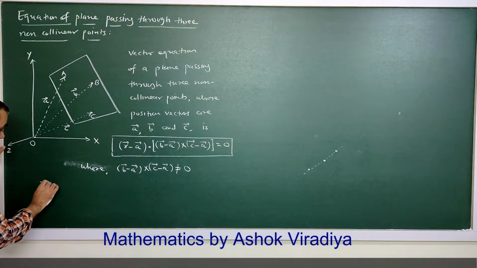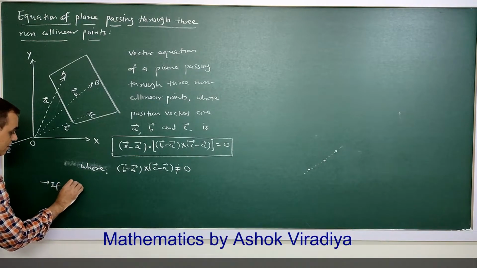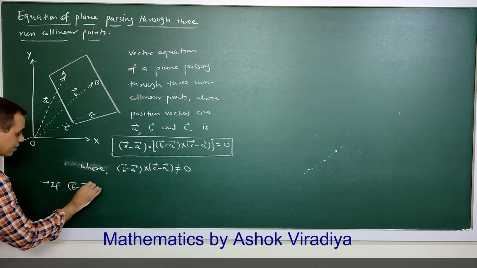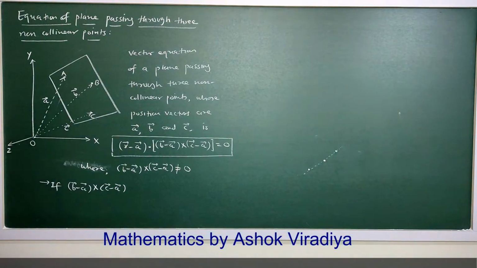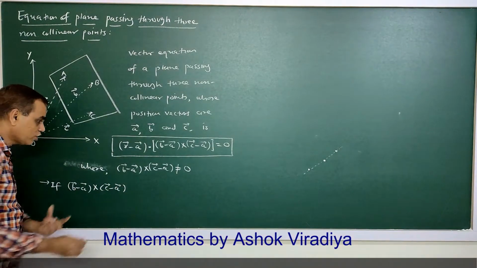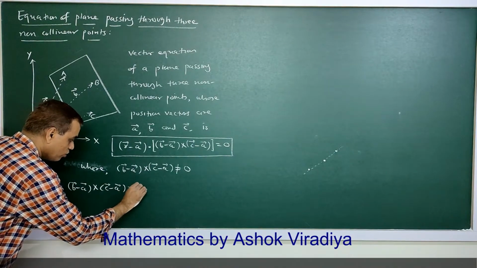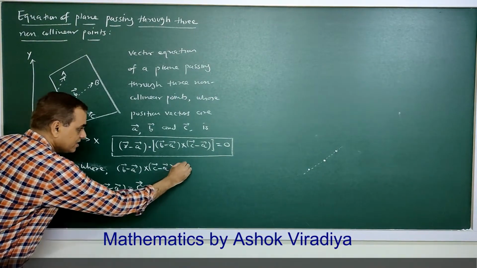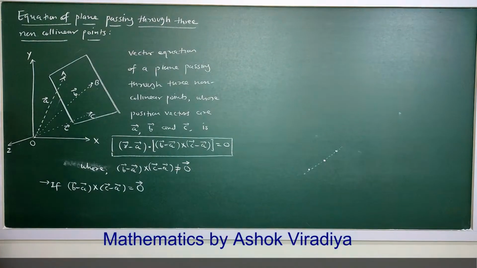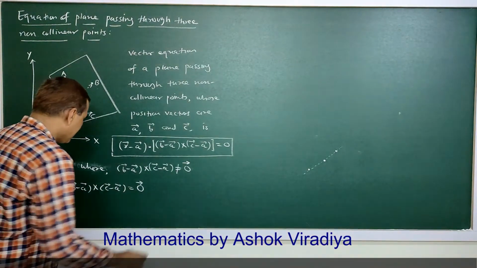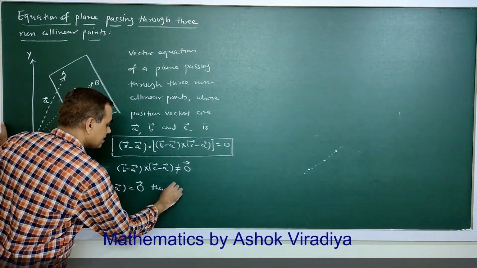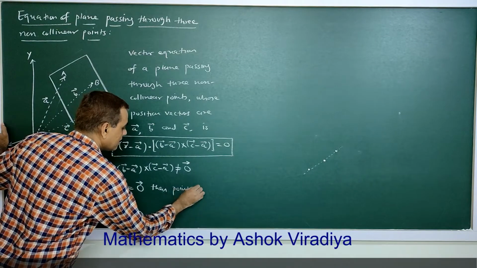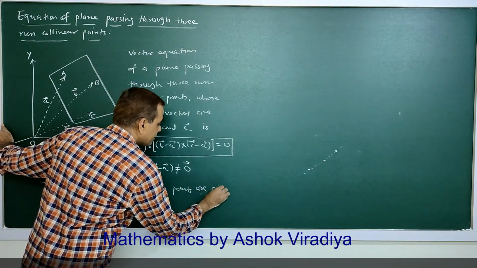But if you find vector B minus vector A cross vector C minus vector A, and the cross product of these two vectors is the 0 vector, not a non-zero vector, cross product is a vector, if the cross product is the 0 vector, then the points are collinear.